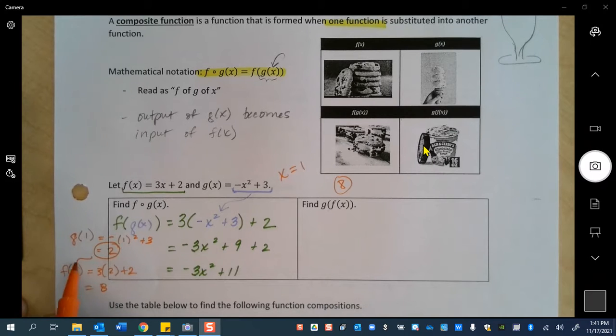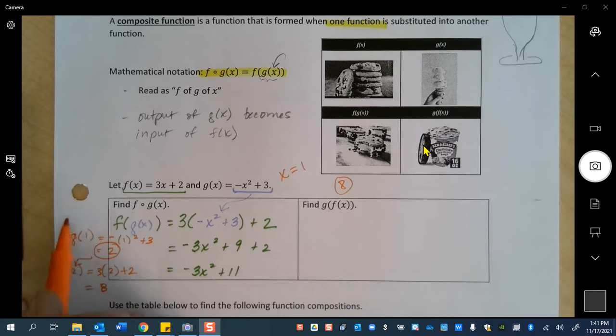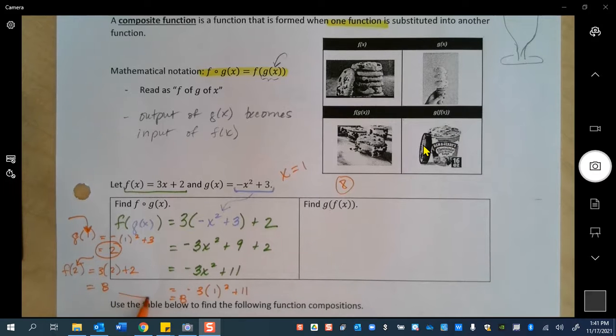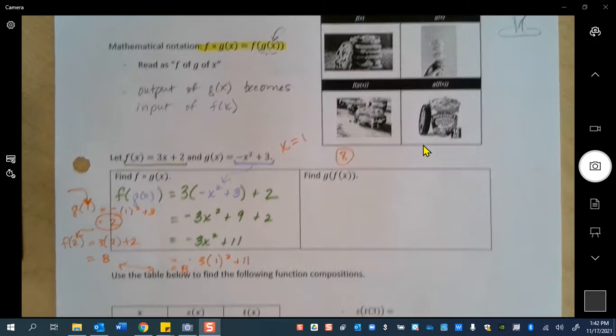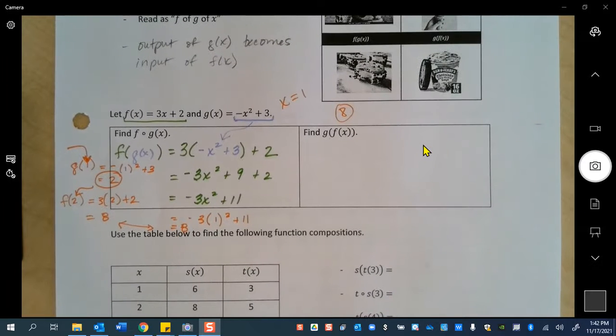This output becomes this input, and this is my overall input. And I can test that here by saying negative 3 times 1 squared plus 11. Sure enough, I get the same value, which means I did my algebra correctly.